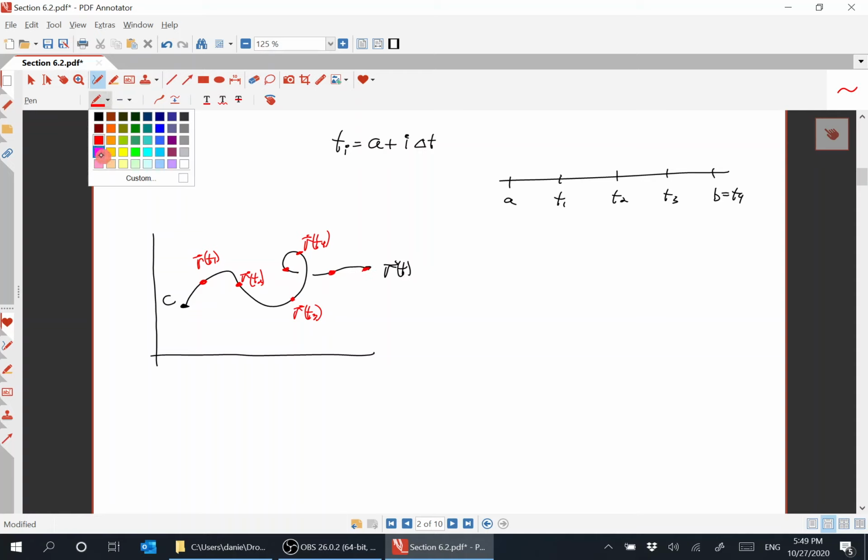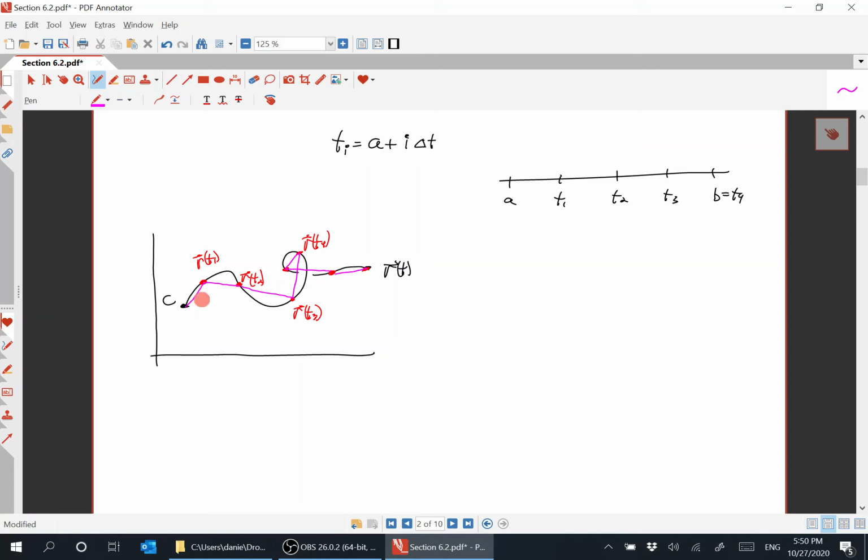Now, what you do is you connect these points by straight lines. Bing, bing, bing, bing.